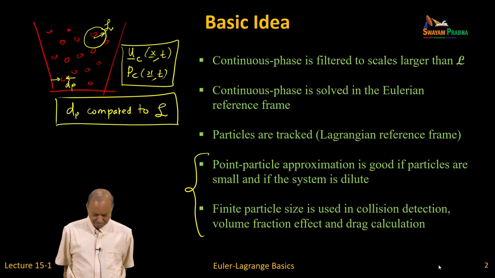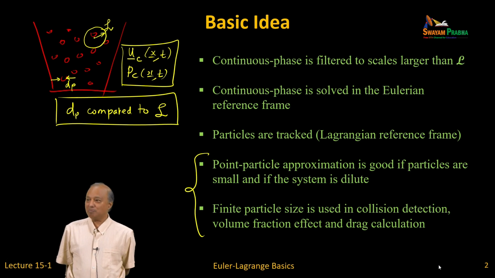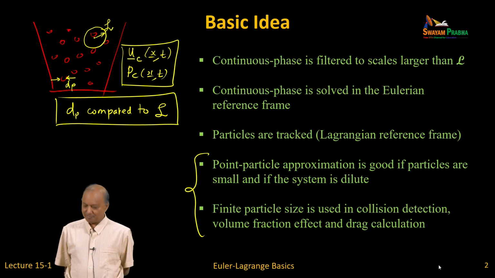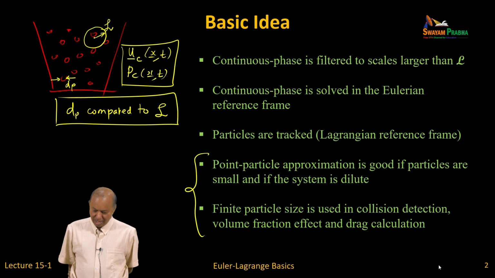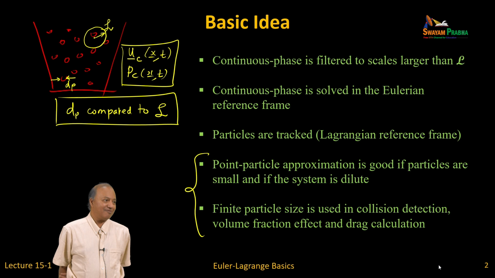So you're solving for UC, which is the average fluid velocity at the grid point, average pressure, and so on. So that's the first bullet: the continuous phase is filtered. And the continuous phase is being solved in an Eulerian frame.